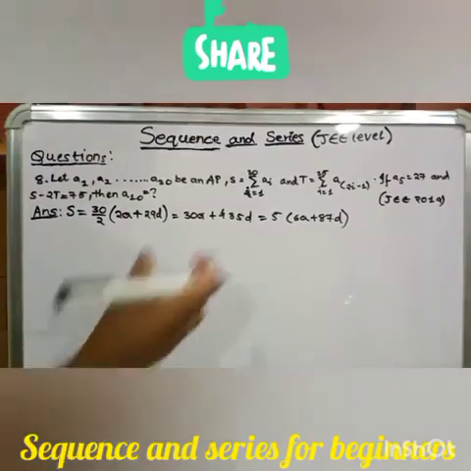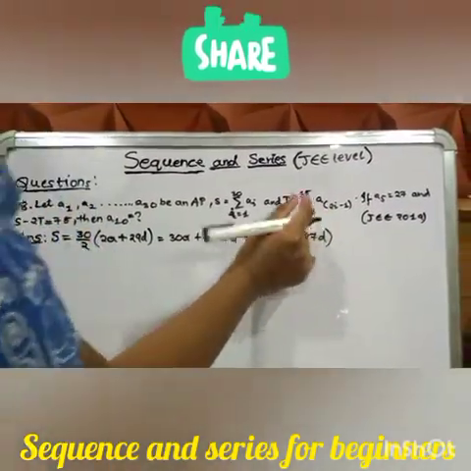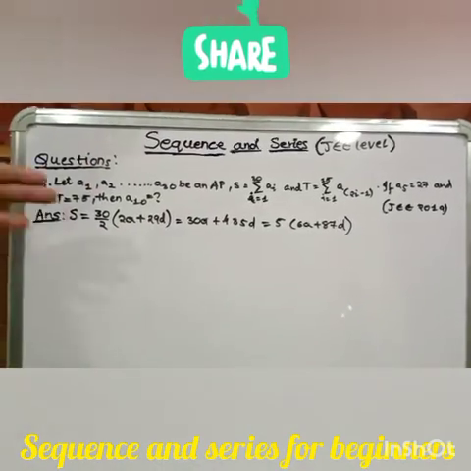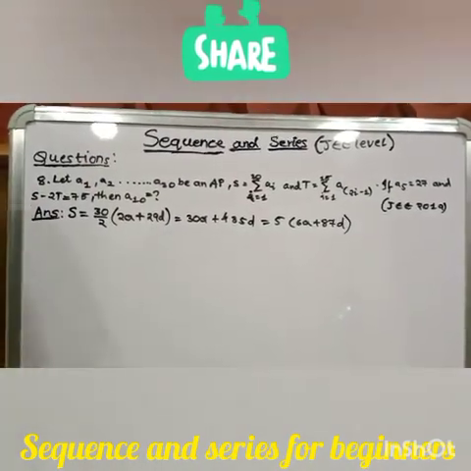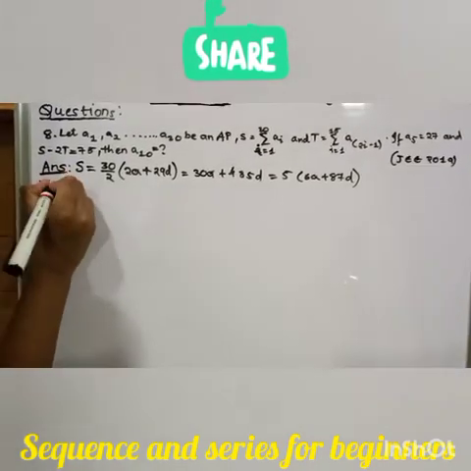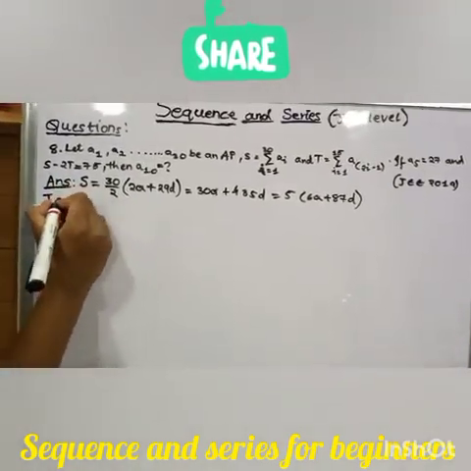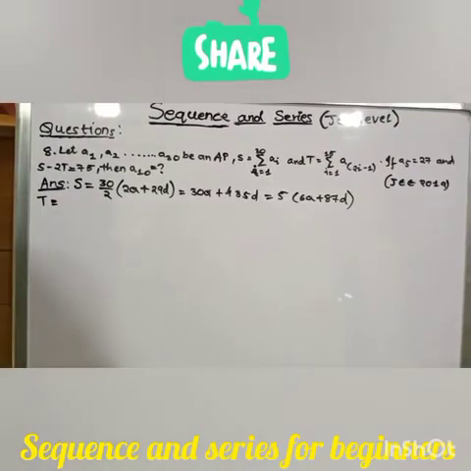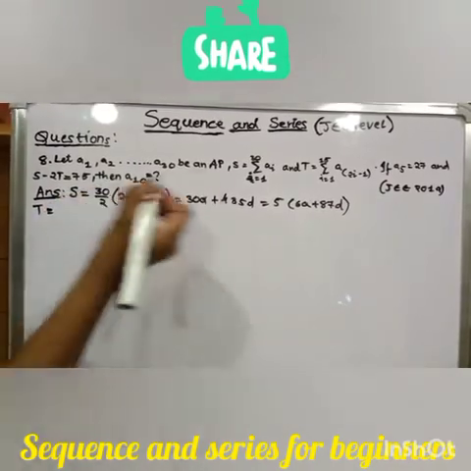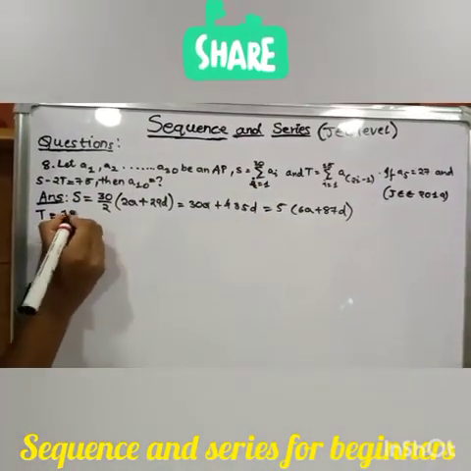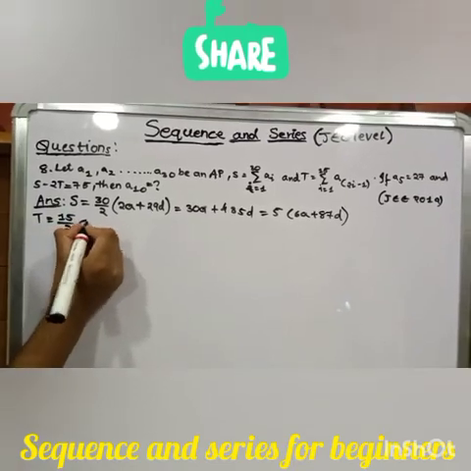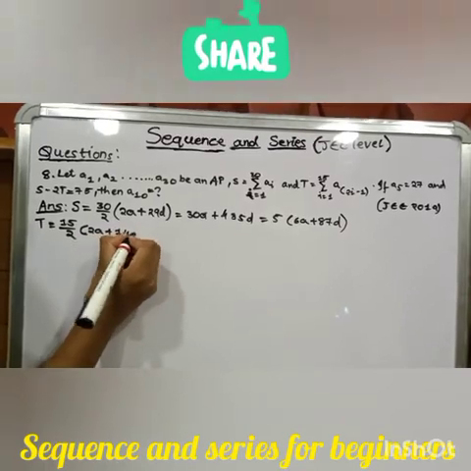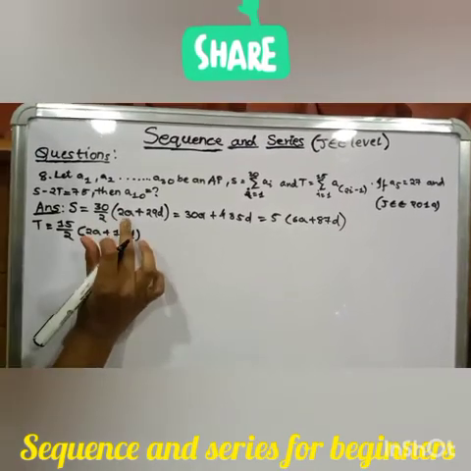So let's find T. It's 15 terms, but this is an AP. So let's take the common difference as 2D. So we get T equals n by 2 times 2A plus n minus 1 times D. So it is 15 by 2 times 2A plus 14 times, oh sorry, it's 2D, right?